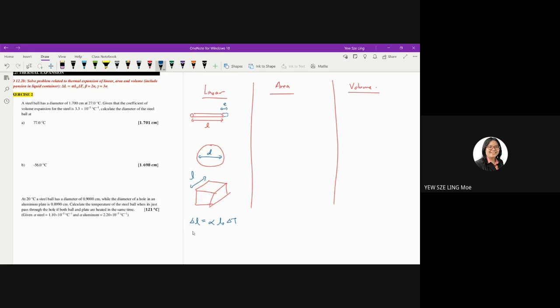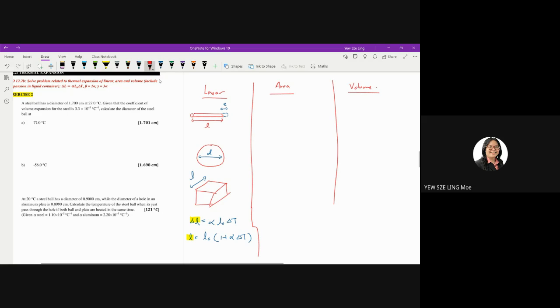Delta length is final length minus initial length, so you expand the equation and rearrange it. Eventually, you will obtain L equals L naught (1 plus alpha delta T). These are the equations that can be used to solve linear expansion questions, depending on whether you want to find the change in length or the final length. So that is for linear expansion.